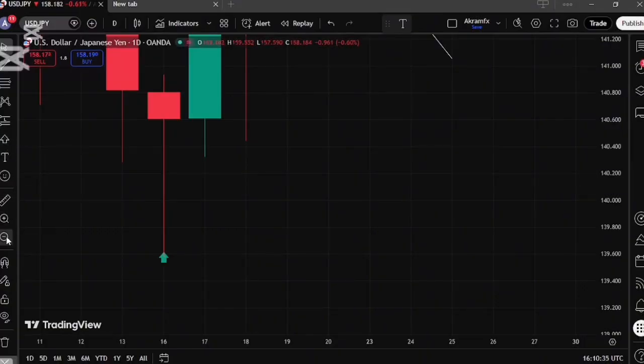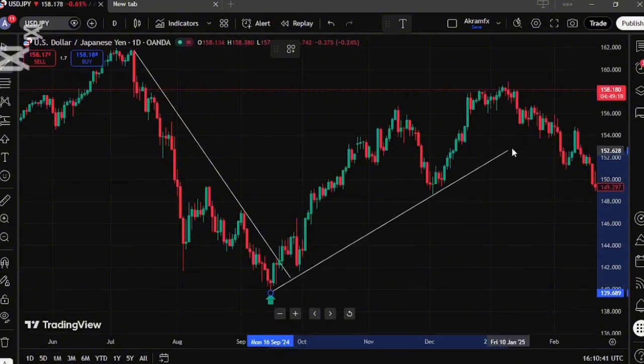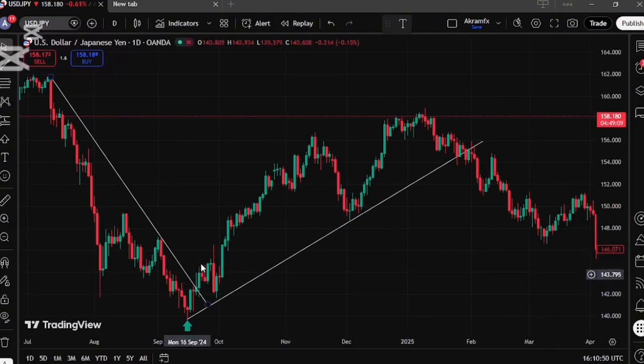And we see clearly that after the formation of this hammer we had a move upwards, like the trend changed. And therefore if somebody knew the language of the market and has been following the channel, he or she would have made all this money in the market with just a simple candlestick, knowing where it is going.